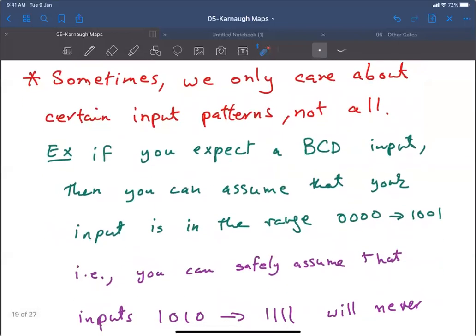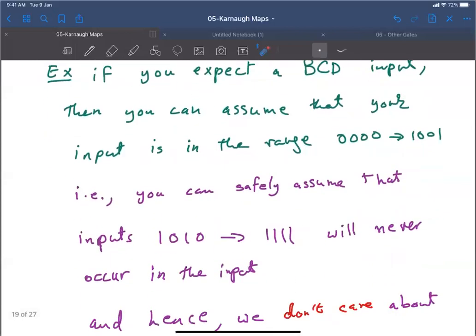So you can safely assume from the problem description that inputs 1010 all the way to 1111 will never occur in the input. This is given by the user, and if it does, then it's the user's problem, not ours.